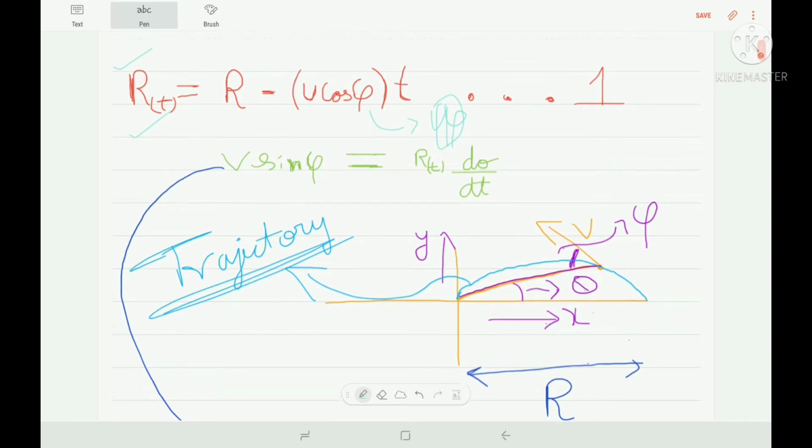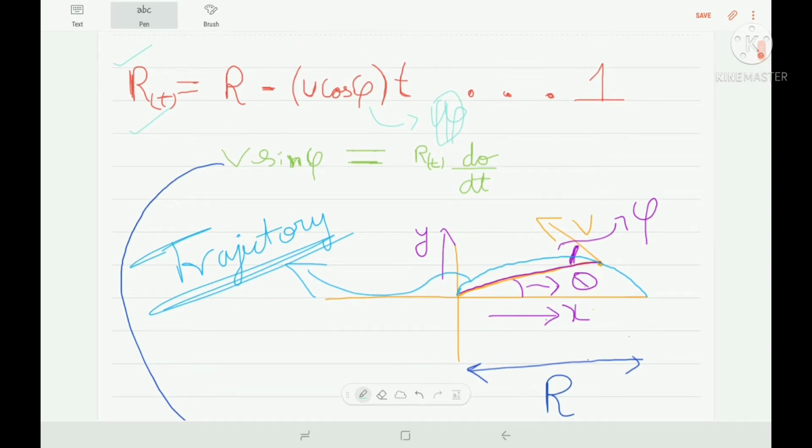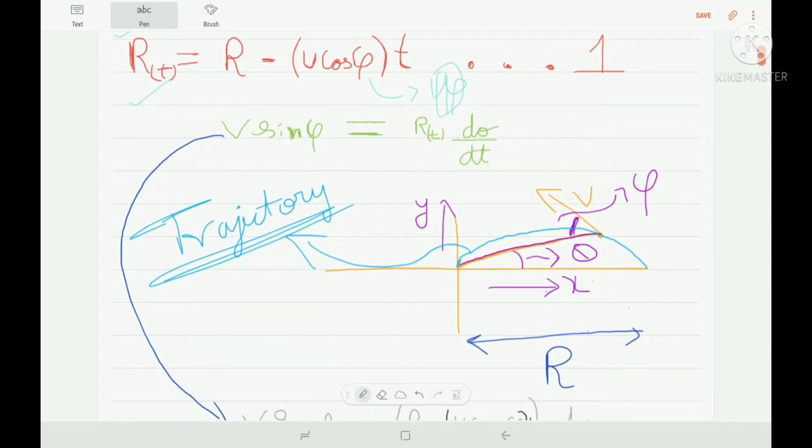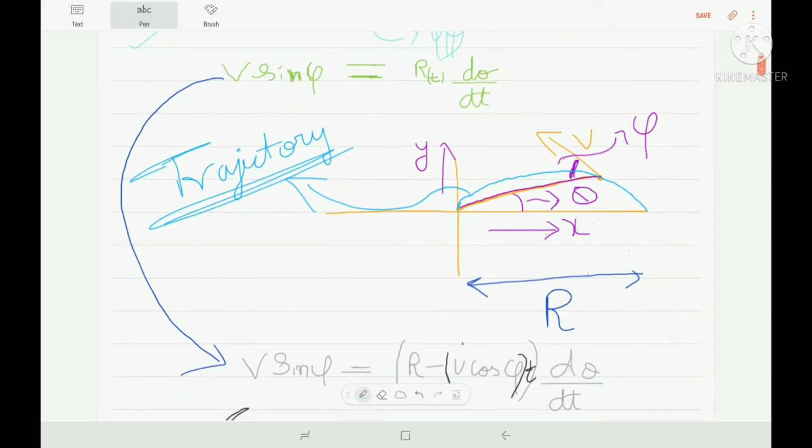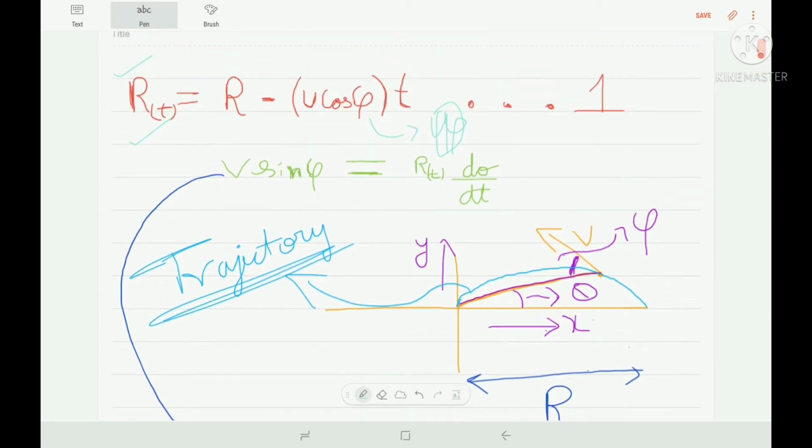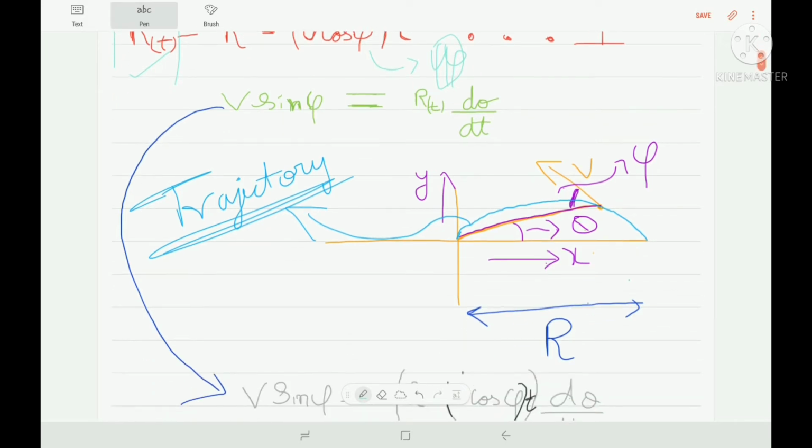Remember, this is distance and not the displacement vector or the position vector, because a position vector needs direction. Every vector needs direction, right? And I have only written the magnitude. So you can safely say that this is the magnitude of the position vector with respect to the light source.